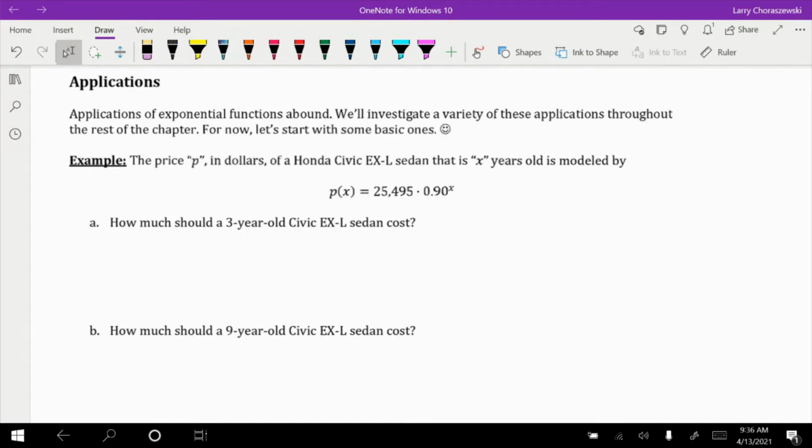Certain medicines in bloodstreams decay exponentially. And I uploaded some videos in the section 6.3 folder with some other examples of exponential growth and decay. Investments display exponential growth. And there's one in there that I found yesterday that involves a fidget spinner.